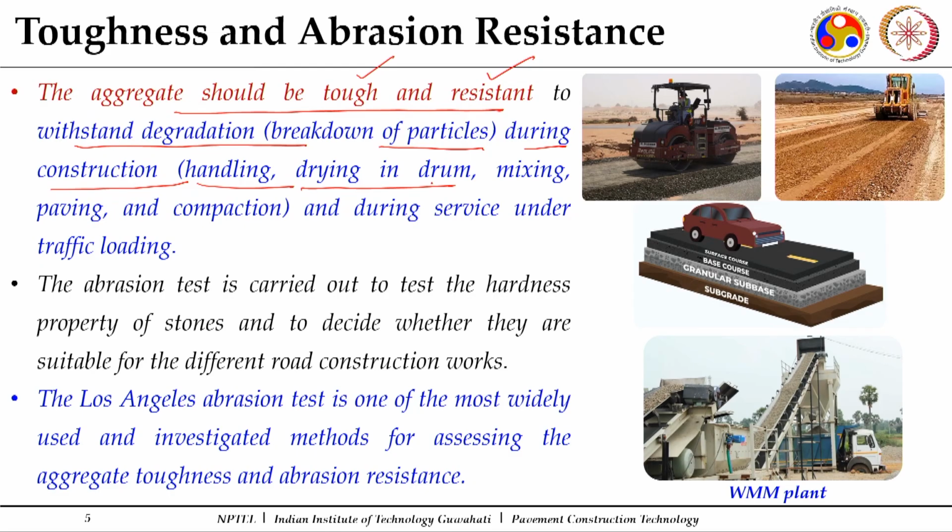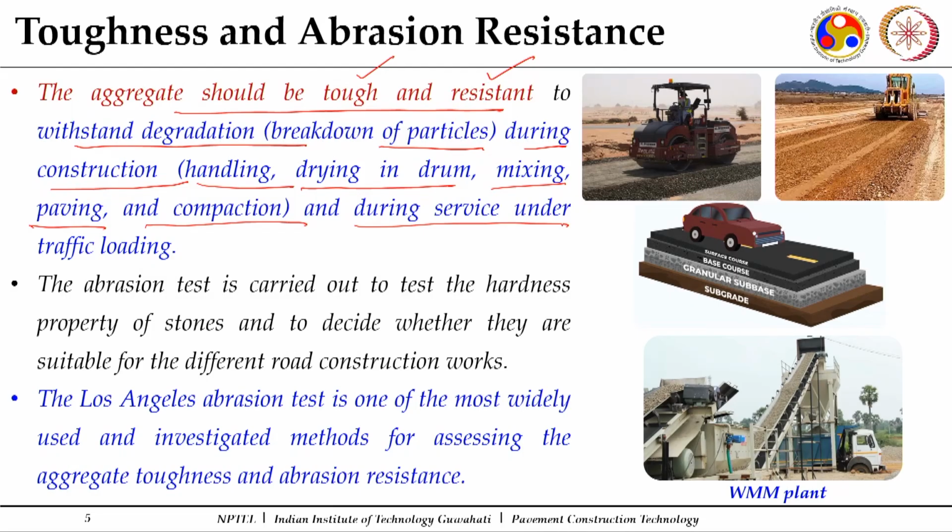If you have to mix them with some other component, then the mixing is there, then it is laid in the field, graded, camber is prepared and compacted. During all these operations, the aggregate should have sufficient strength and resistance to bear these different processes from its production to finally laying and compacting in the field.